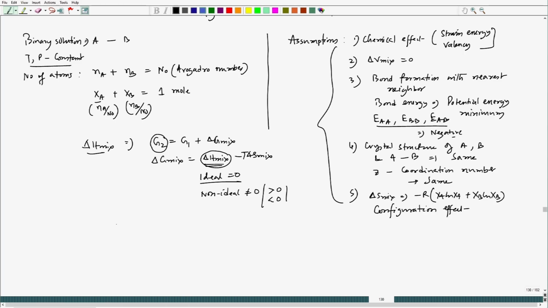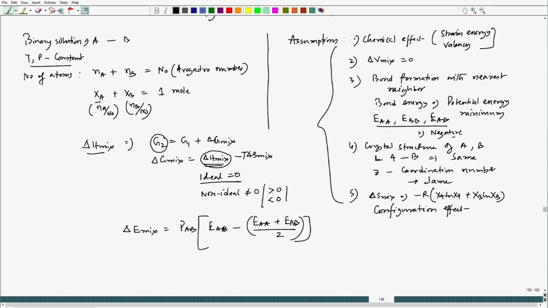Now, we have found out an expression del E mix equal to PAB times EAB minus EAA plus EBB divided by 2. This expression we have found out.